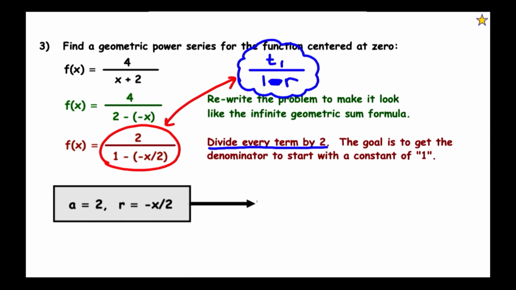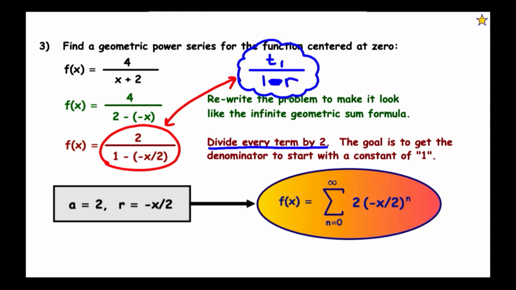And now I'm simply able to write it as a geometric power series. You can see the r right here, because that's the part that's being taken to the n power. Here is the first term, term 1, that's the 2. And I like to use n equals 0 because if you plug a 0 in here, then the first term is the 2. You get 2 times something to the 0, which is 2 times 1.